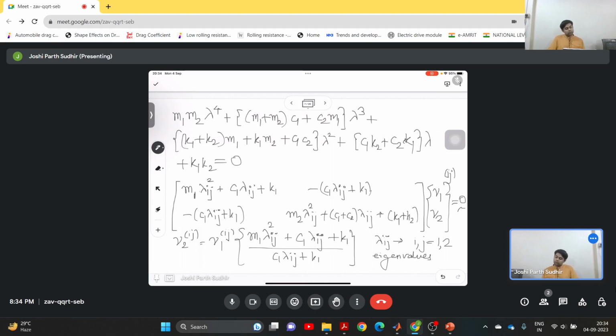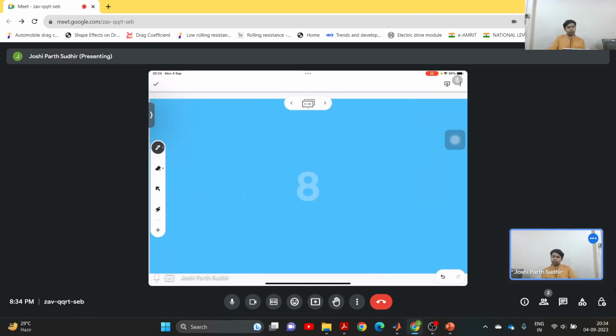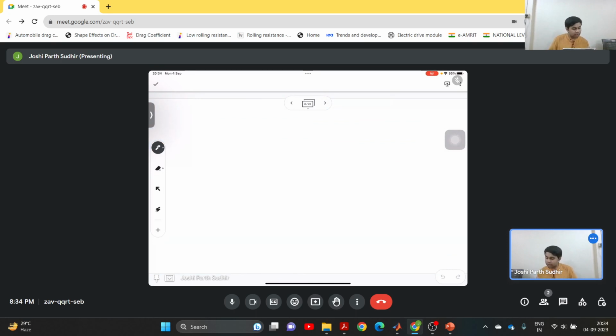And how do we write the eigenvector now? So the eigenvector ij, we can write it as v1 and v2.